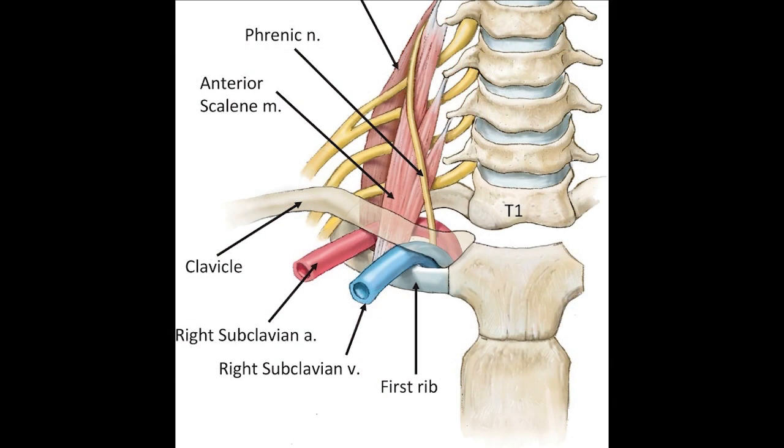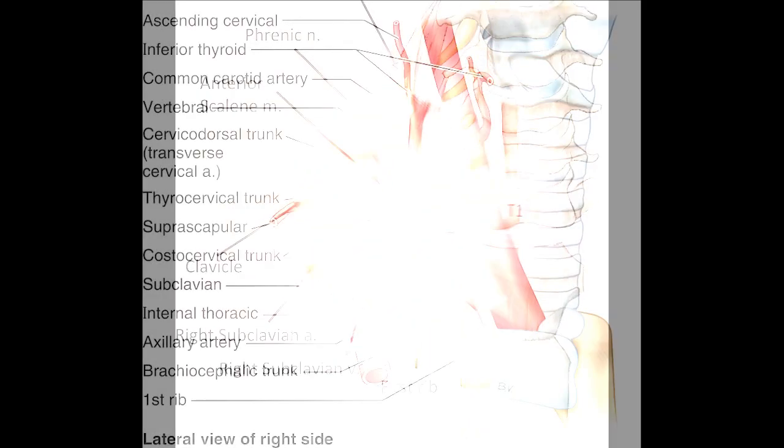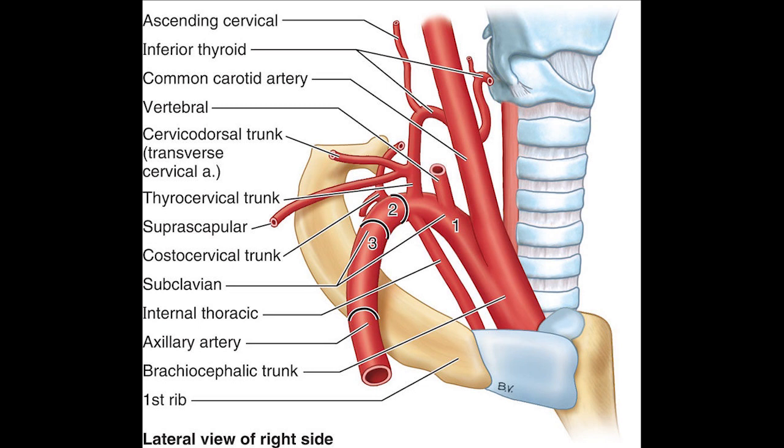The lateral relation. The first one is the trunk of the brachial plexus. The second one is the third part of the subclavian artery. We have to mention these two structures here. Both are behind the prevertebral fascia on the floor of the posterior triangle. The third part of the subclavian artery has a branch known as the dorsal scapular artery.